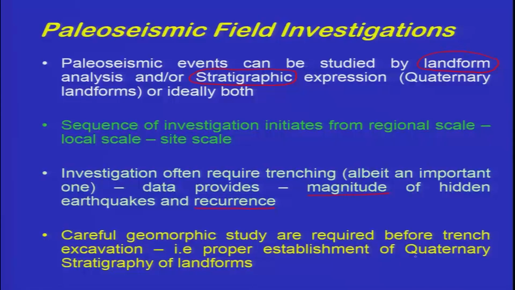Of course, the amount of displacement on the surface as well as in the stratigraphic section will not be the same, because the older one will show cumulative displacement, whereas the younger one will show the most recent event when they got displaced. So you will need to establish the Quaternary stratigraphy of the landforms, as we do in case of the sediment stratigraphy.